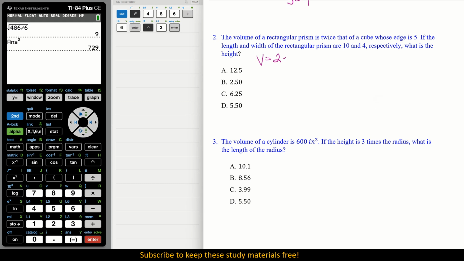So we need 2 times, and we just talked about the volume of a cube. So that would be 5 to the third. Okay, so what would that equal?